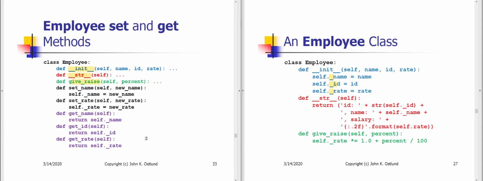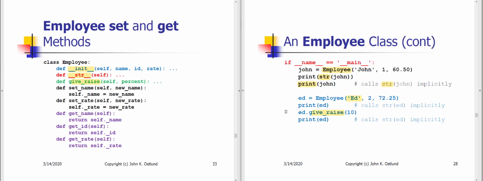And so we hope that someone using our class will now be respectful, and instead of directly accessing _name, _id, and _rate, they will call the set and get functions. And they will take the hint that because there is no set ID function, an ID number for an employee should not be changed.